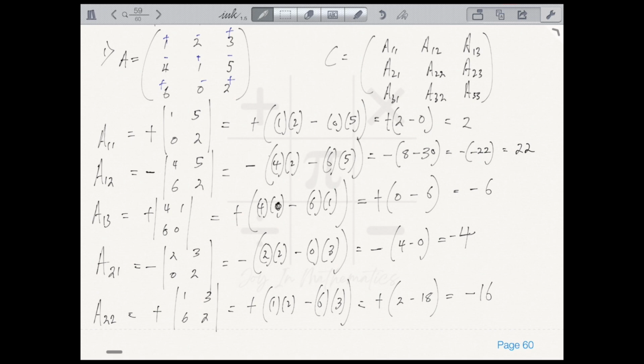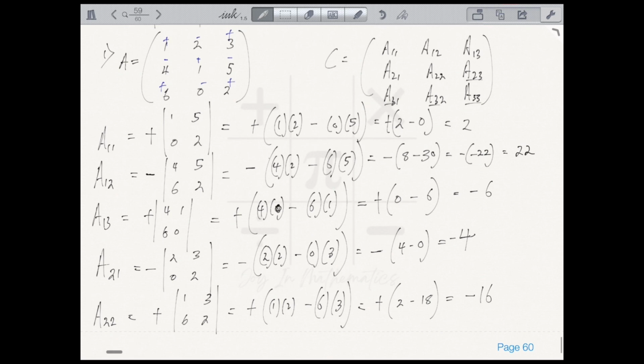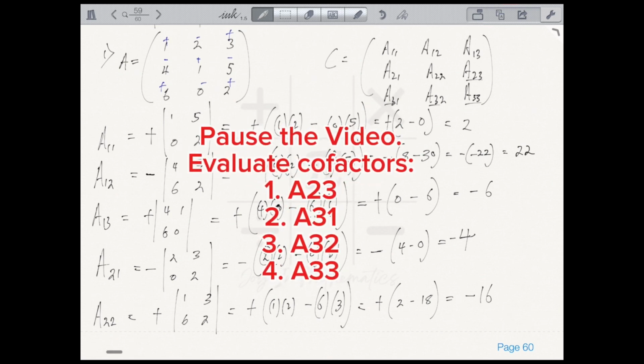Now we have done A11, A12, A13, A21, A22. What we are left with is A23, A31, A32, and A33. You can pause the video right away and evaluate them.